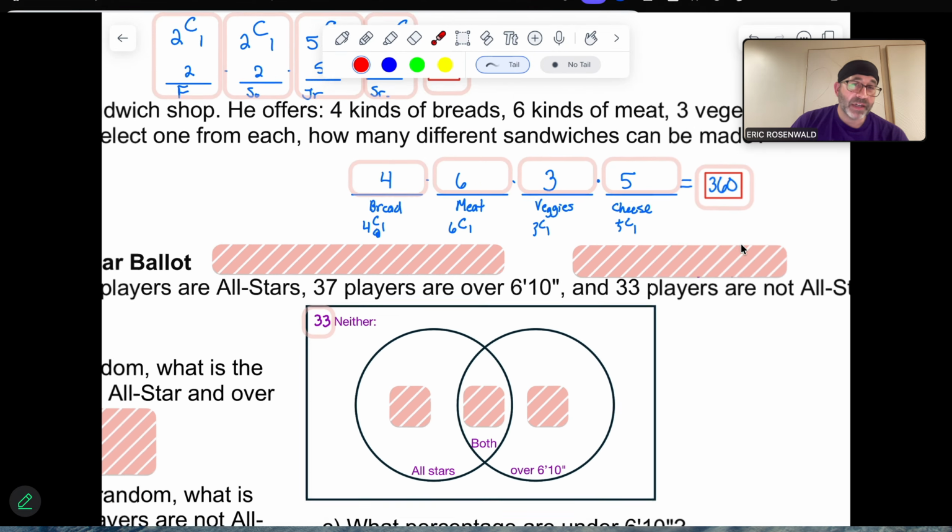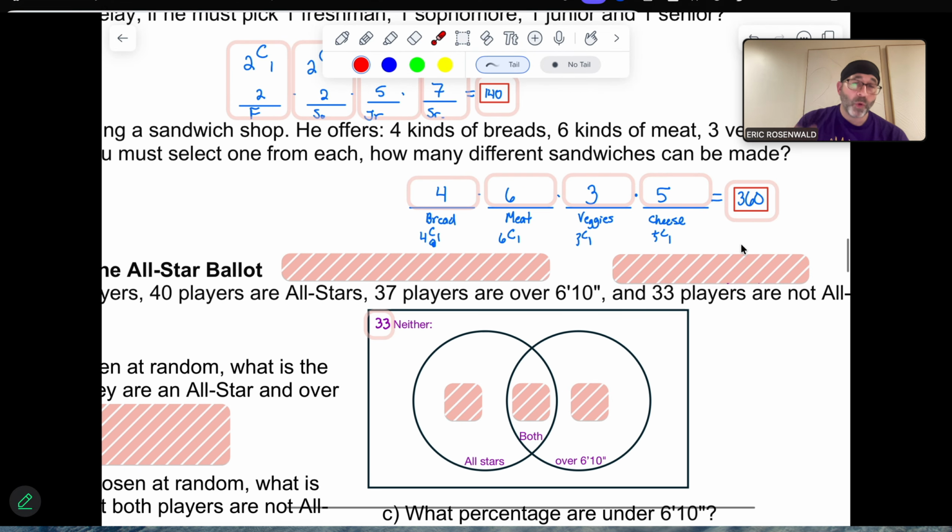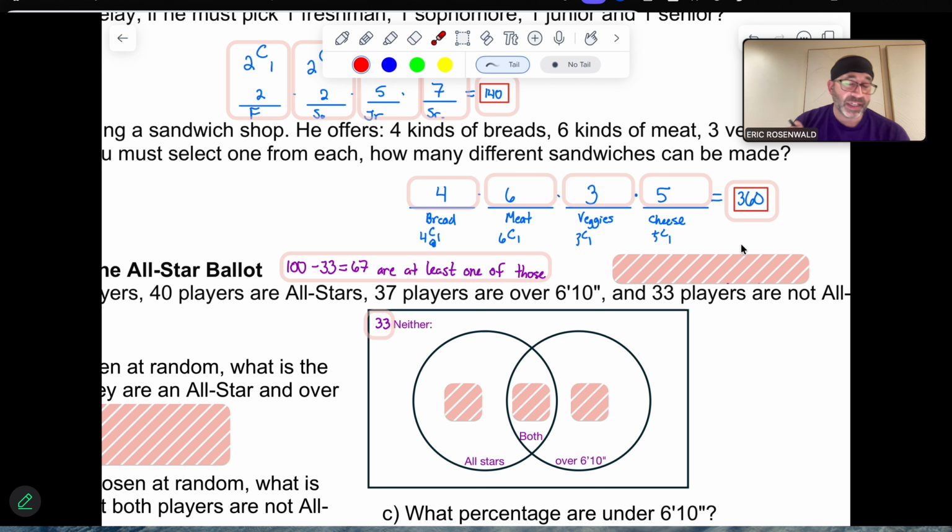So now mathematically, what this tells us is that from the 100 players, if 33 are neither, that tells us that 67 people are one of these. If there's 33 here, then there has to be 67 inside of this area total. Well, when I add these together, 40 and 37, which is supposed to fit here and here, 40 and 37 adds up to 77.